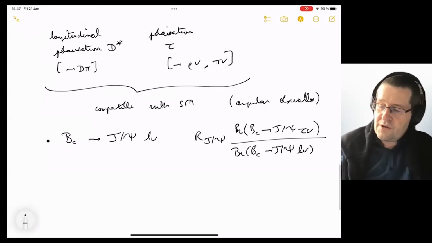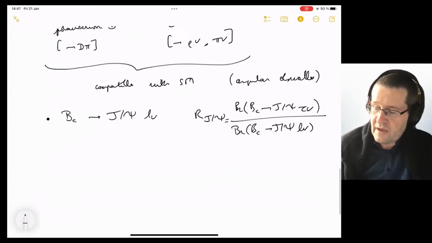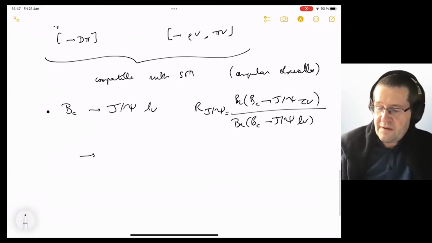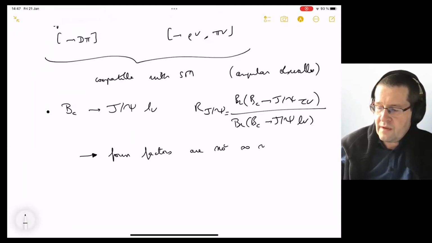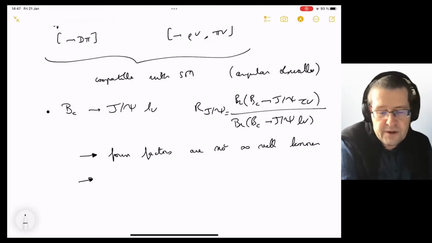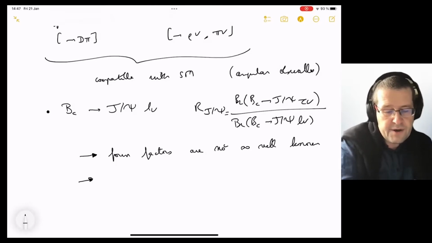So the two things are that actually it's difficult because the form factors entering are not so well known, and so the uncertainty on the theoretical side is quite large.